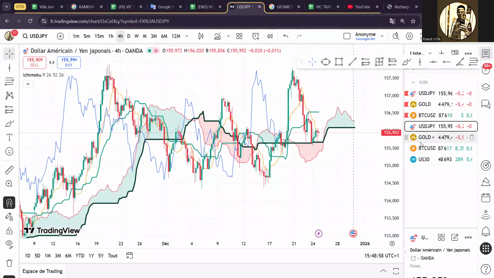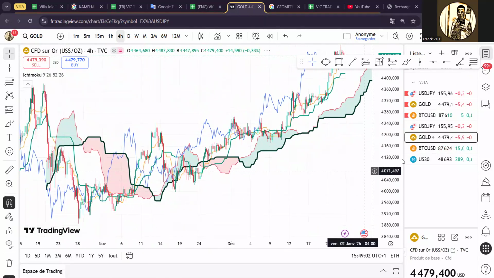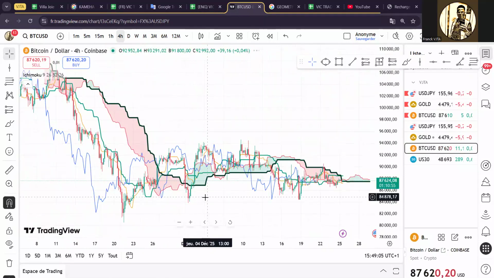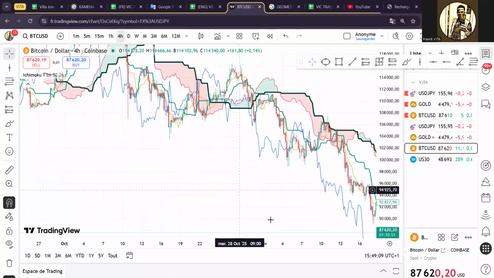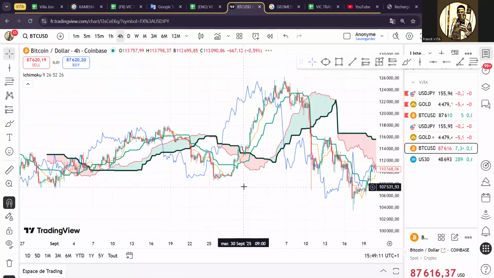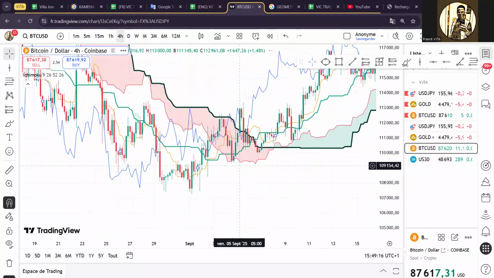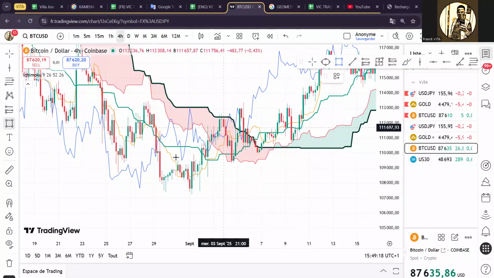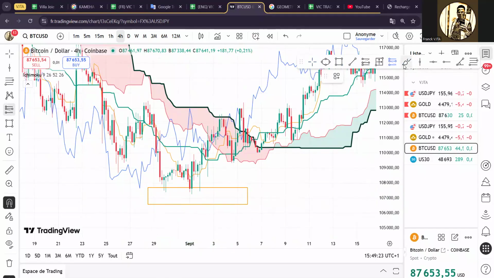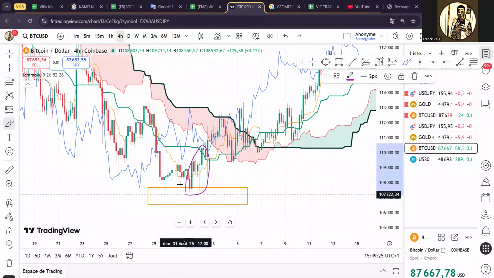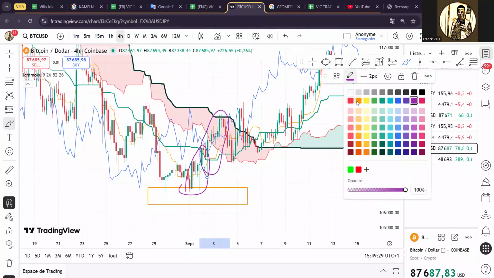Let us say, for example, let's take this example. We have this setup, and then we have the origin here. Then you have the reversal here. This is the Vjta Ishimoku cycle.